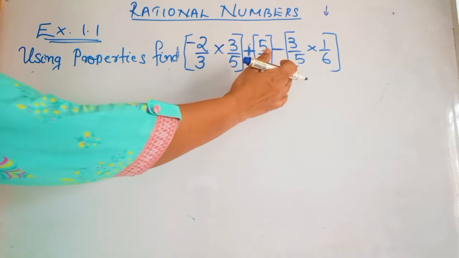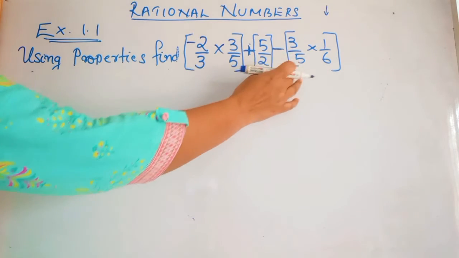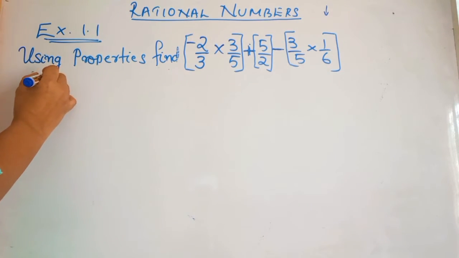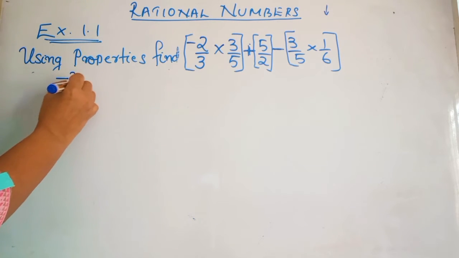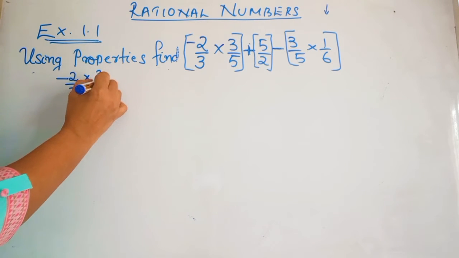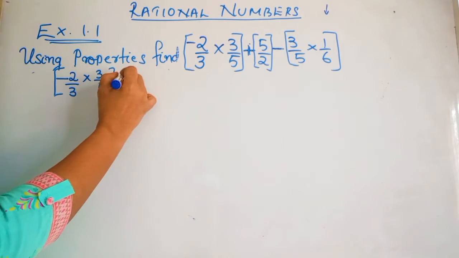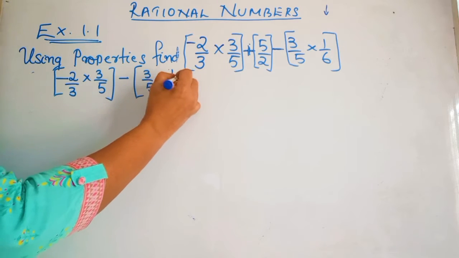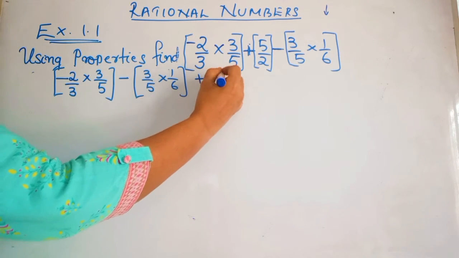That's why we are going to apply the commutative property to bring this last term as the second term. So I'm going to write minus 2 by 3 into 3 by 5, that is in one group, and bring the last group here, 3 by 5 into 1 by 6, and keep 5 by 2 last.